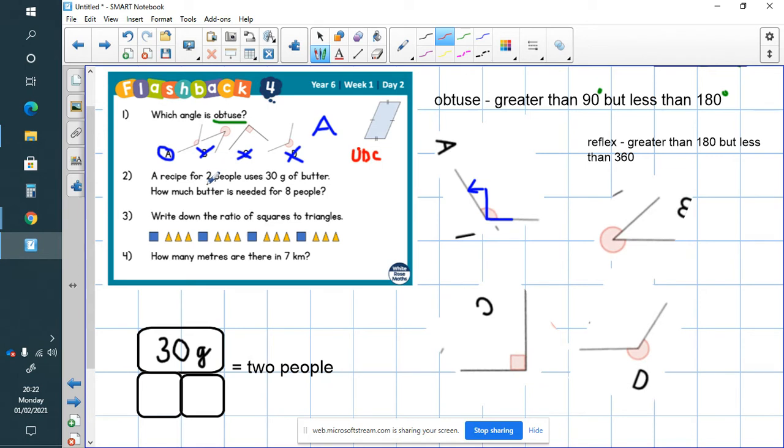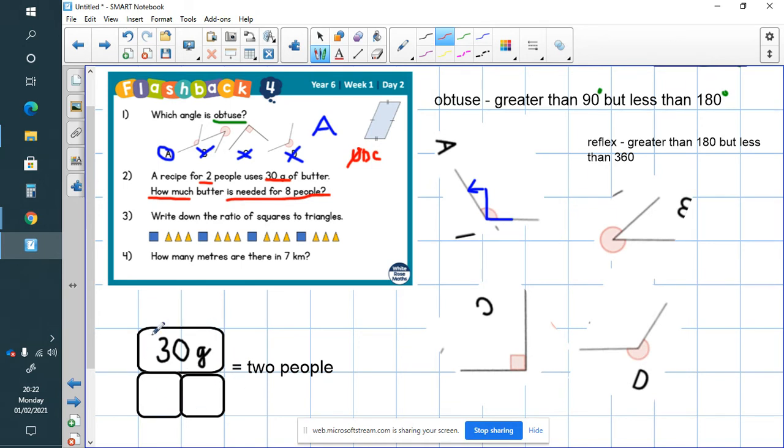So a recipe for 2 people uses 30 grams of butter. How much butter is needed for 8 people? So how much is needed for 8 people? Okay, so I want to work out if 2 people need 30 grams of butter, how much do I need for 8 people? Okay, I understand what I need to do now, and now I'm going to draw a picture.